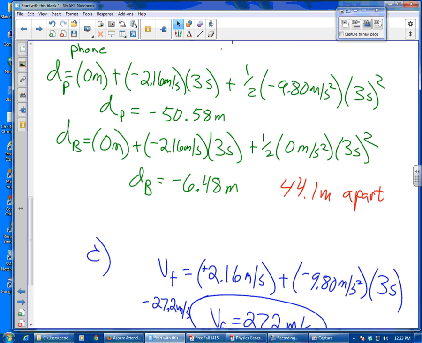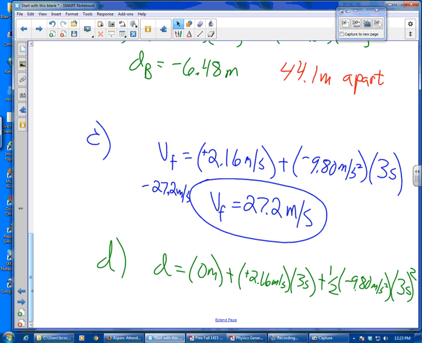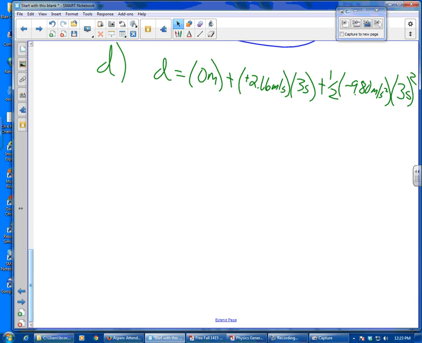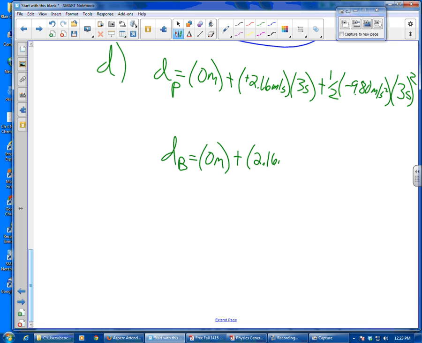Moving on to redo part D. This is where our balloon is, and this is where our phone is. Our balloon starts at the same point, 0 meters. It's moving at 2.16 meters per second for 3 seconds.